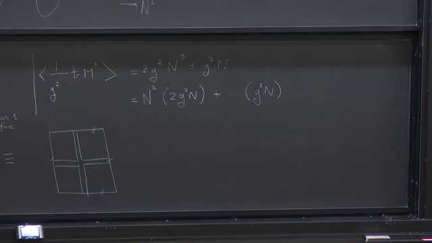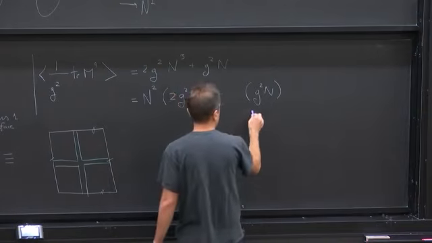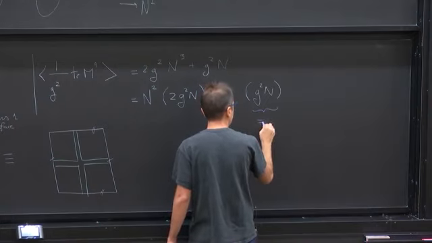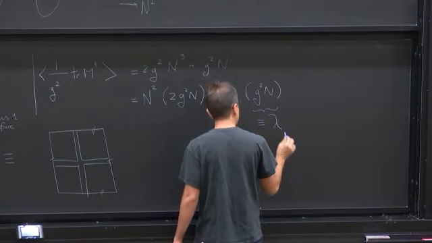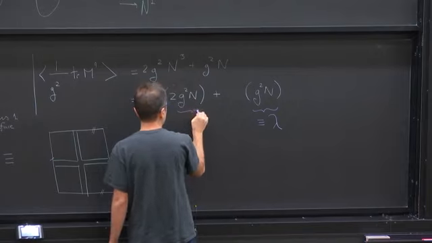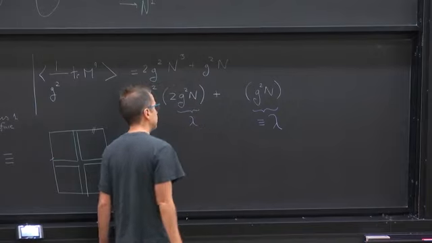And this quantity here, g squared n, is what we define as the 't Hooft coupling, lambda. This quantity here is therefore also lambda.